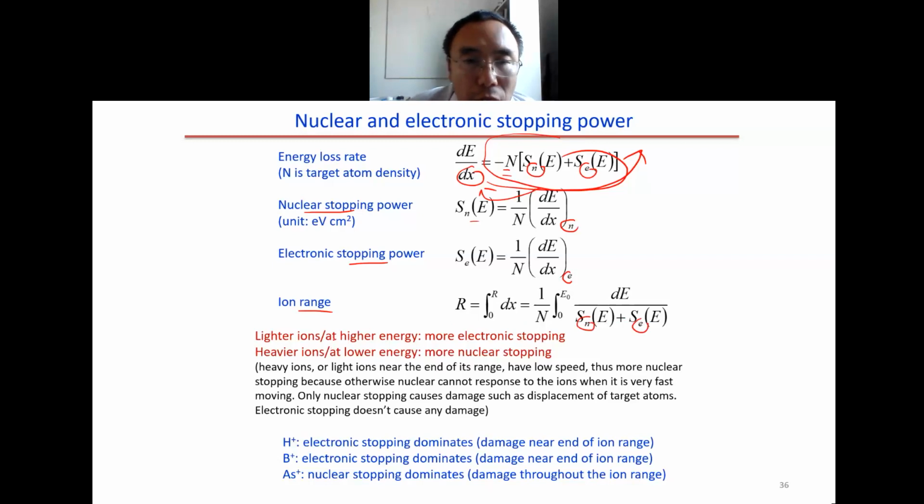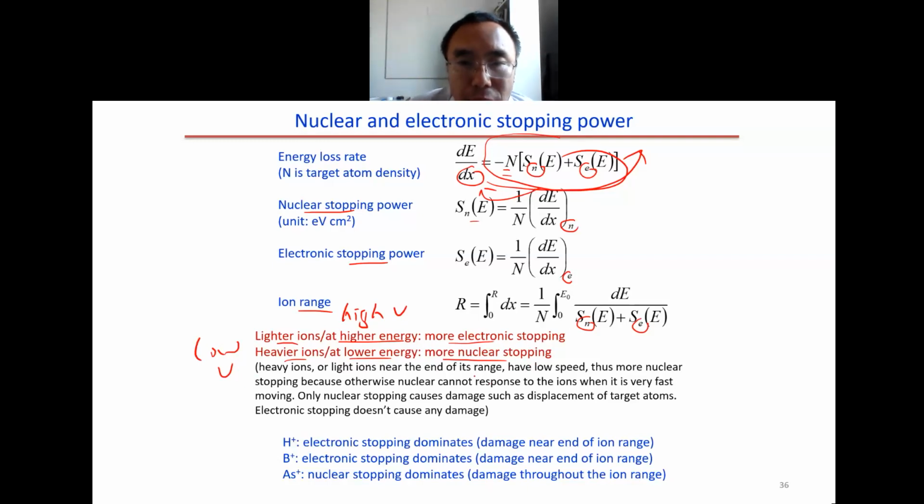So the conclusion is that for lighter ions at high energy, that is high velocity, there is more electronic stopping. For heavier ions at lower energy, that is low velocity, we have more nuclear stopping.